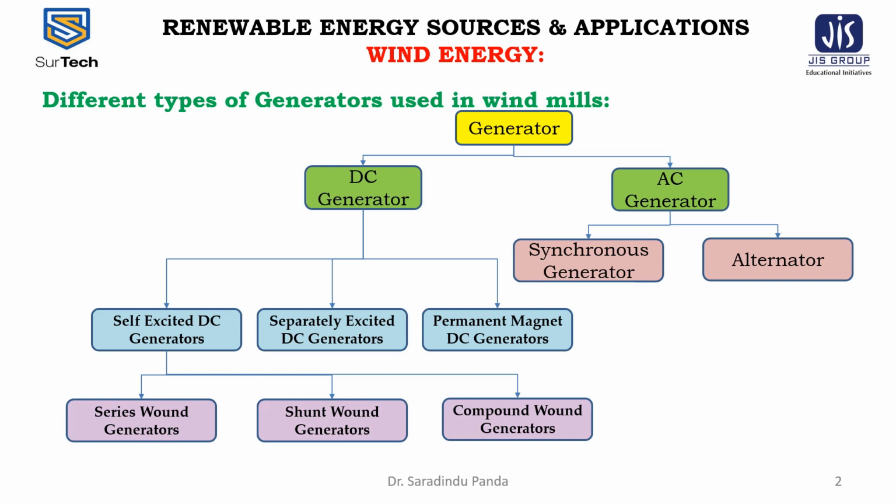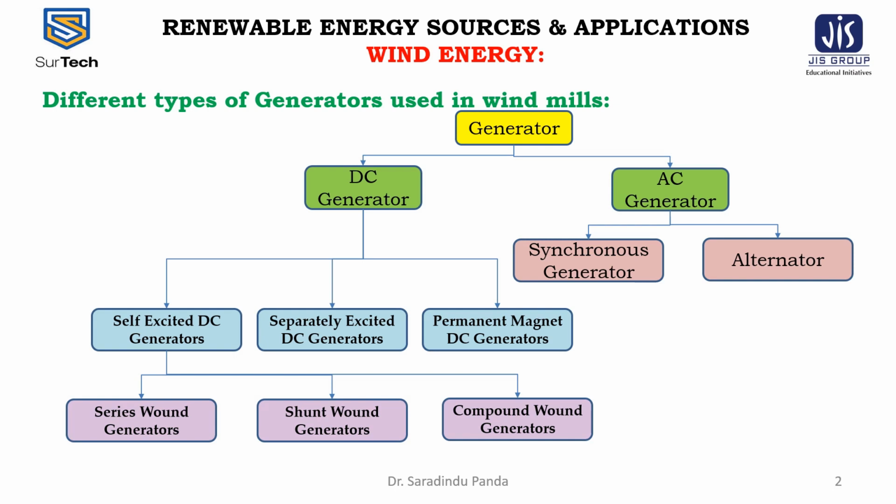In the shunt-wound DC generator, the main field winding is connected in parallel with the armature, and the series-wound DC generator has the current-carrying field winding connected in series with the armature.